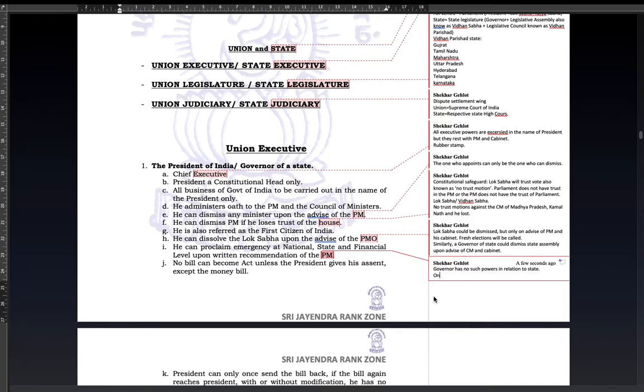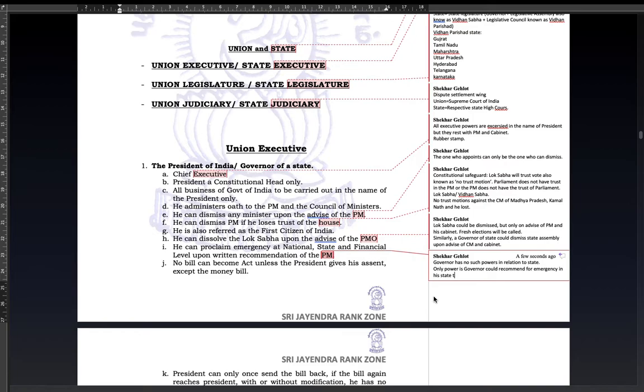The only power is that the governor could recommend an emergency in his state to the President of India. Okay, the only power governor has in respect to state is that he can recommend that there has to be an emergency in my particular state to the President of India, and then President may or may not agree.